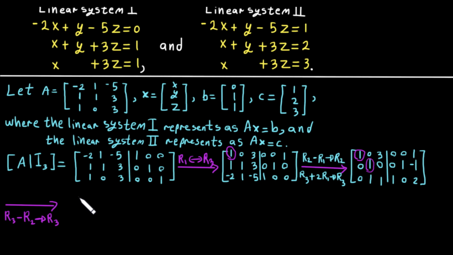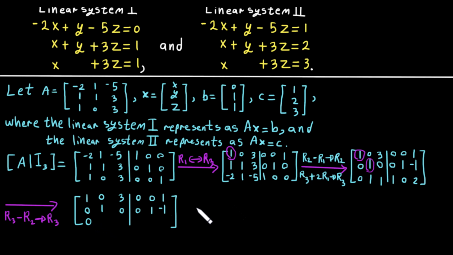This row and this row remain the same, so I speed it up to write this row and this row. Here row 3 minus row 2, so 0 minus 0, which is 0.